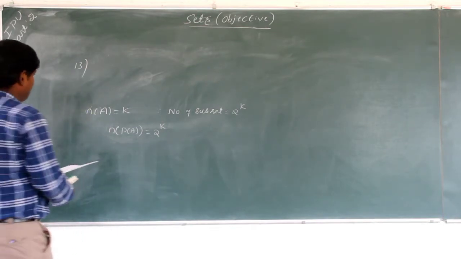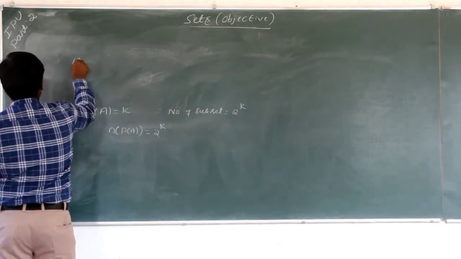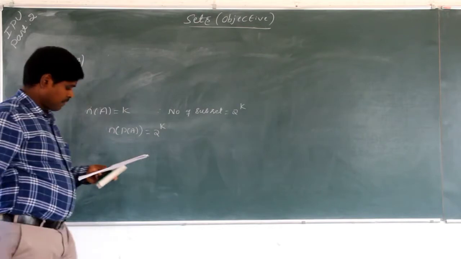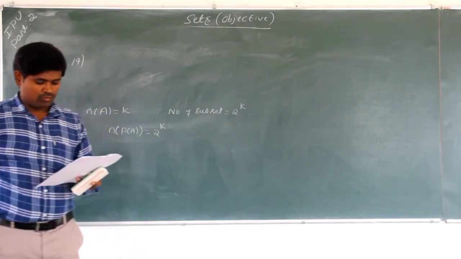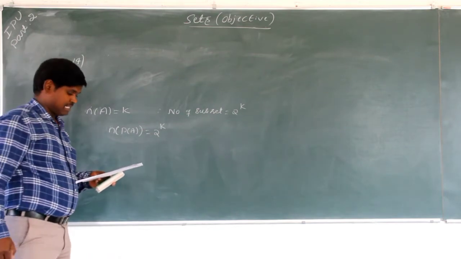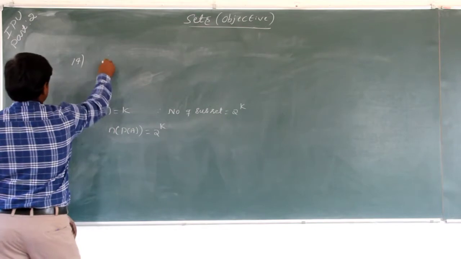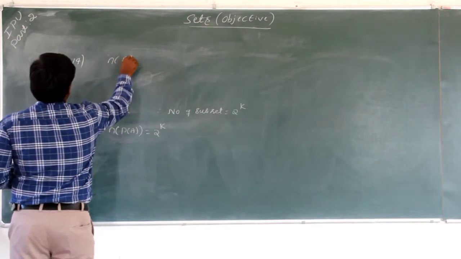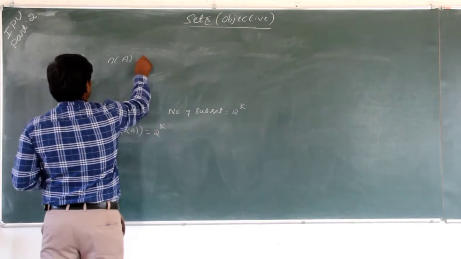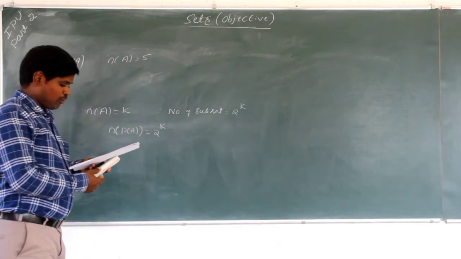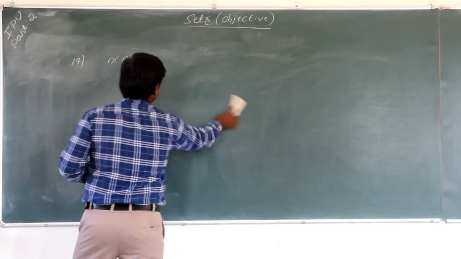Question number 14. If the set A contains 5 elements, then find the number of elements in the power set A. Similar type of question. The number of elements in the set A is 5.